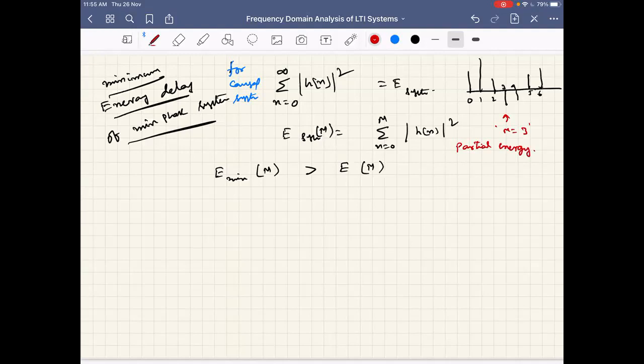So what it says is the partial energy of a minimum phase system is always greater than the partial energy of any system having the same magnitude response.